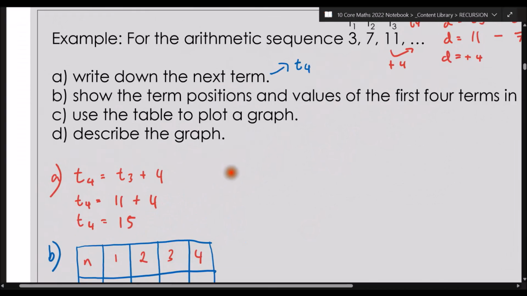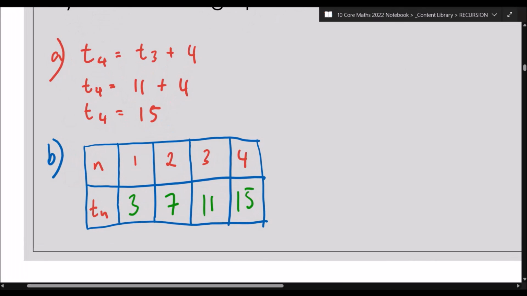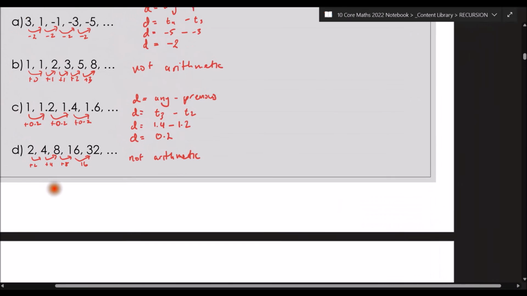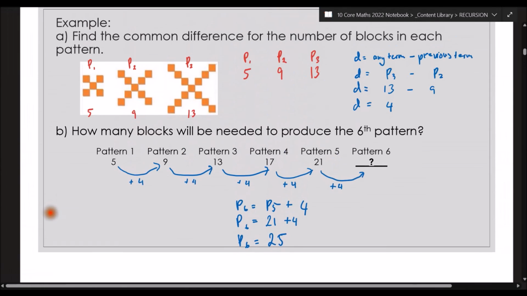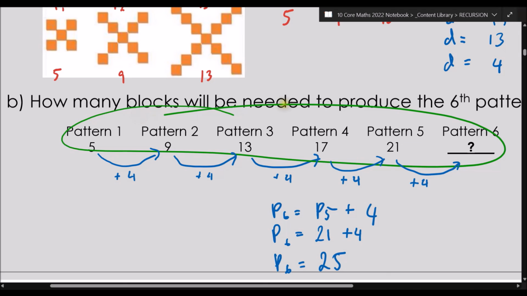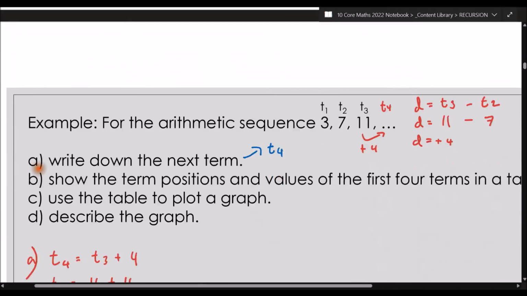Third number was 11. And the fourth number we got here was 15. Okay, there's your table. It's quite similar to how we've just been writing them previously, like this, where you've got a sequence of numbers. Same as this, but just in a nice, more laid out table that's easy to look at.